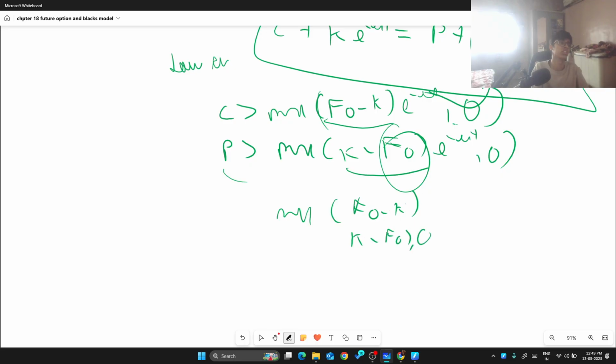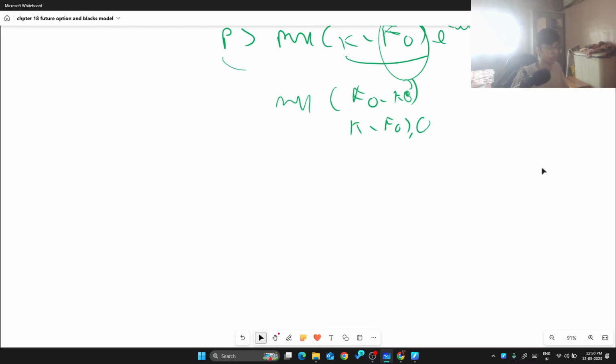So there is no discounting factor here. And yeah, now let's derive the drift of the futures price in the risk neutral world.